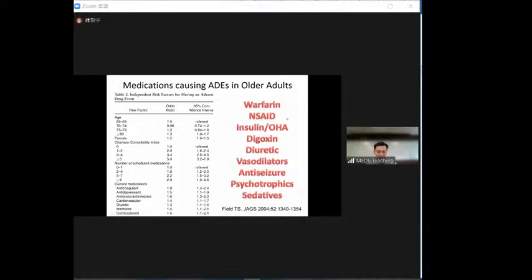So these drugs I highlight here are as shown in the very beginning of the lecture. These drugs are not uncommonly used. They are quite common. And actually common things come first.